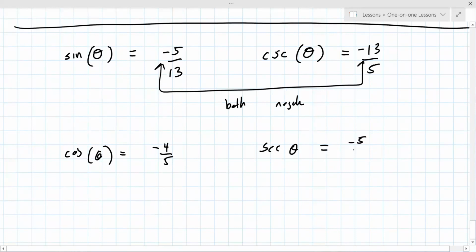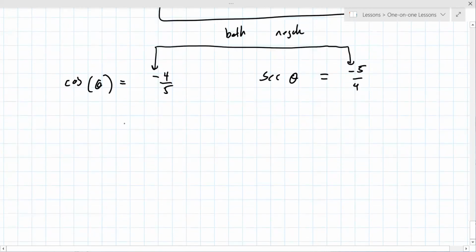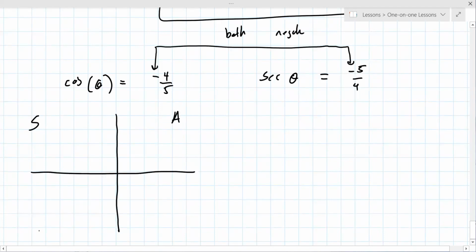Negative 5/4. Okay, so these have the same thing here. What you have to realize is that this thing I just said about ASTC, all students take calculus: if I tell you that sine is greater than 0, that means cosecant is also greater than 0. These are essentially the same.